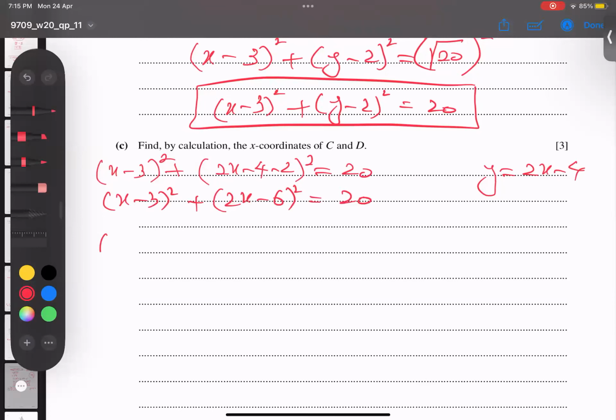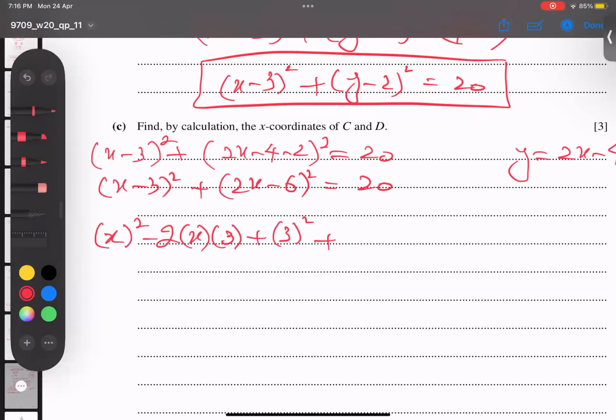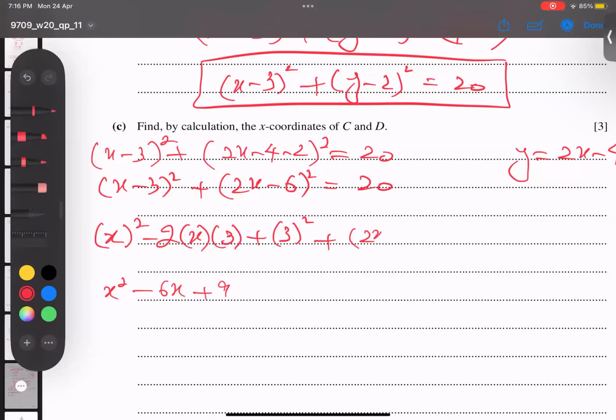And expanding this: first term square, 2 into first term into second term, plus second term square. So this x will come in the first two brackets and 3 will go in the next two brackets. So x, 3, 3. I hope you understand what is going on. Same way, I will expand the second bracket. So 2x square, negative 2 into 2x into 6, and plus 6 square equals 20.